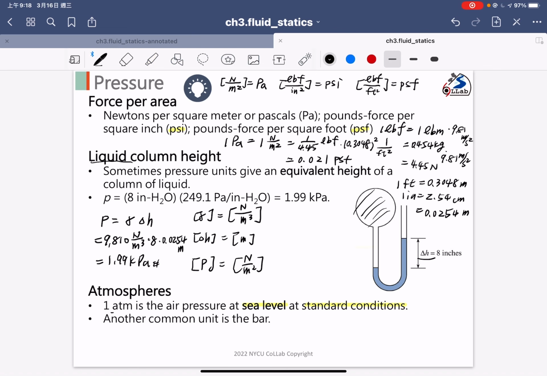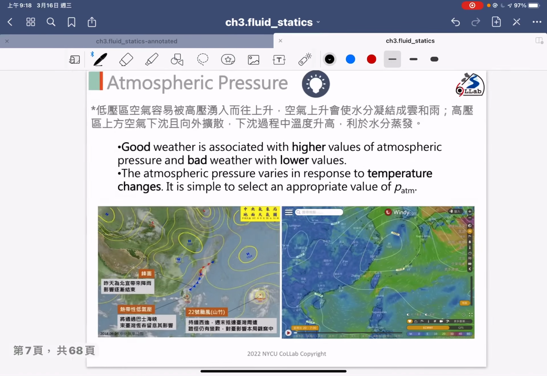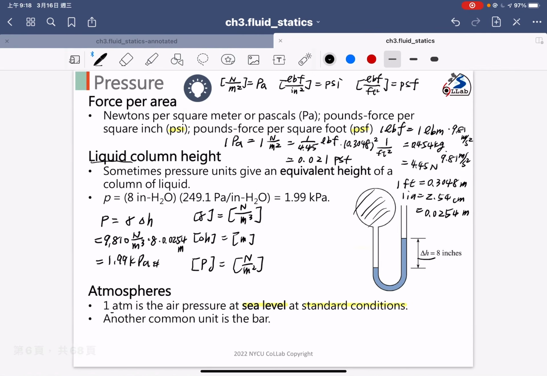So the famous unit, 1 atm, we know 1 atm is equal to 1.013 kilopascal.